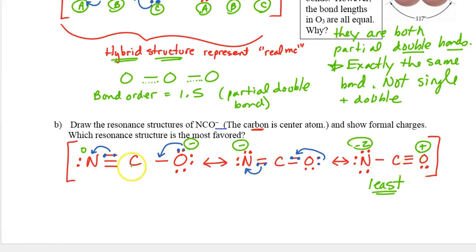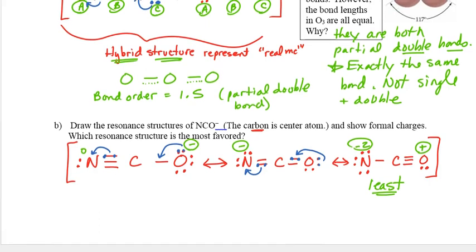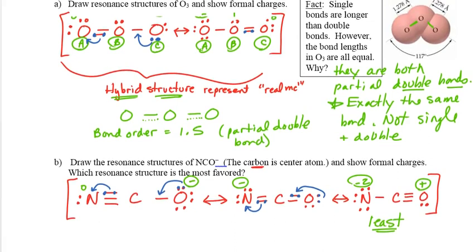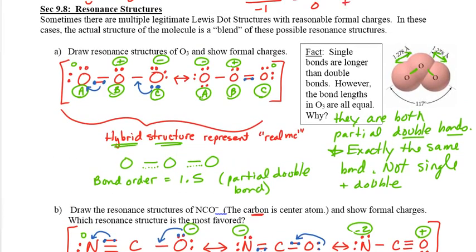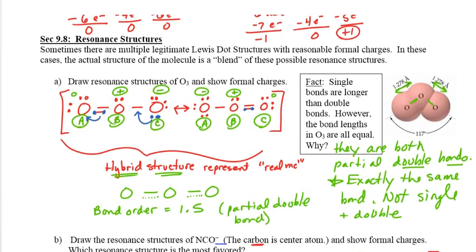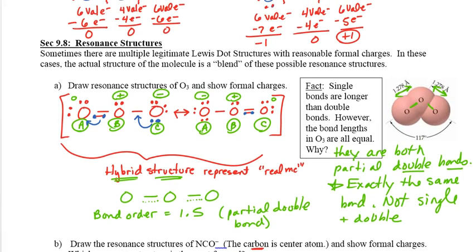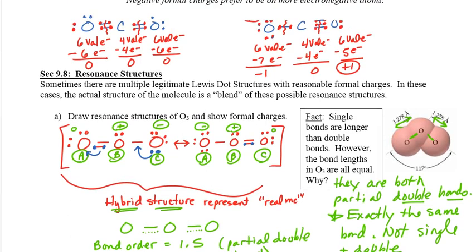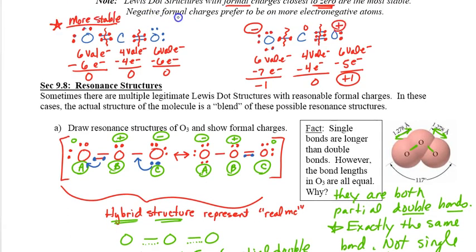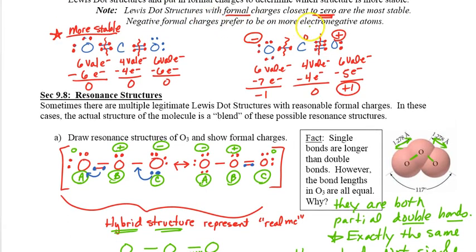So we want to look at these two. Both of them have just one atom with a -1 charge. So you might think that they're equally favored. But if you look up here, there's one more little caveat as far as formal charges go. Up here at the top, it tells you that negative formal charges prefer to be on more electronegative atoms, right?